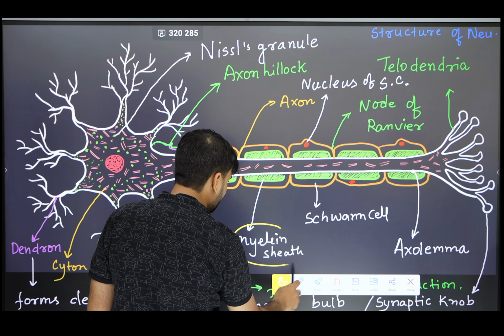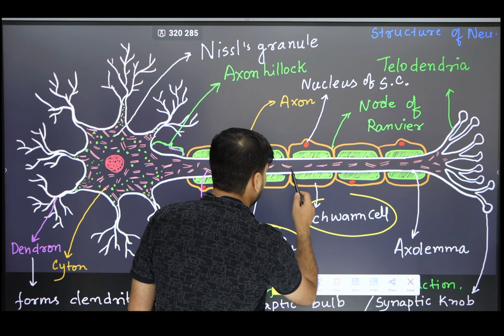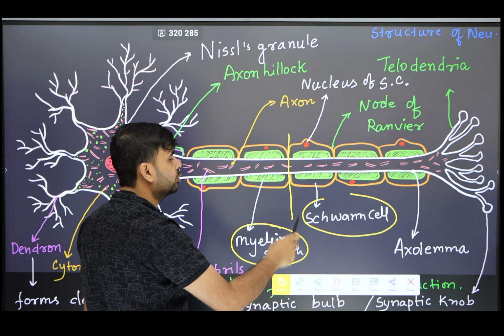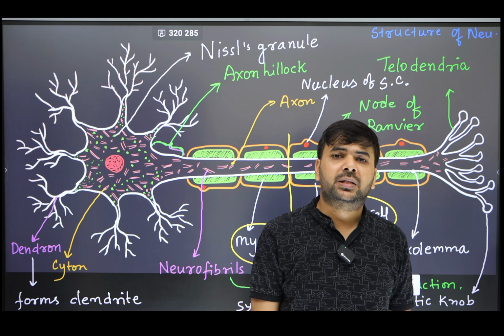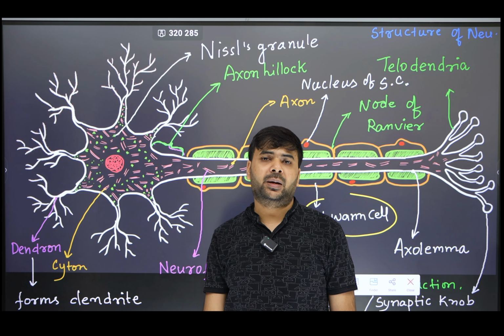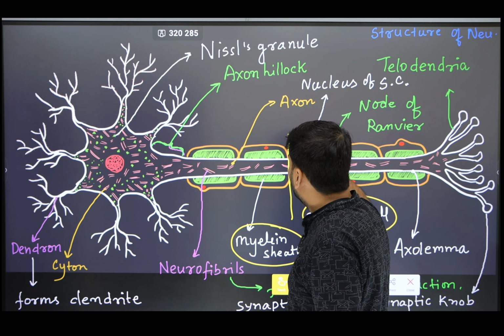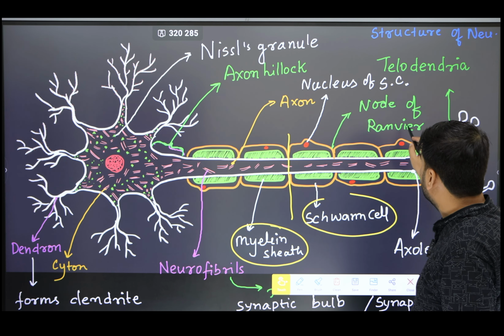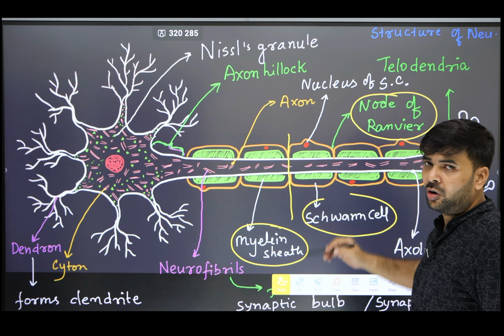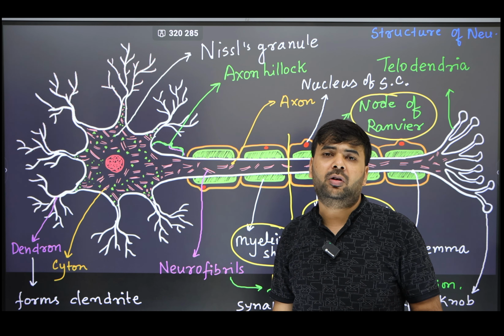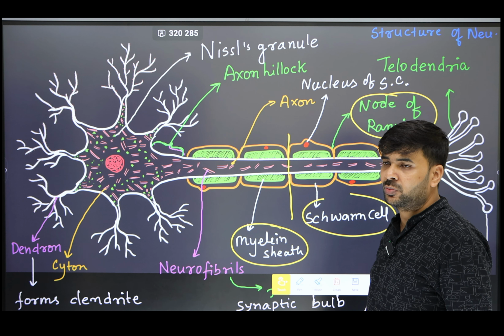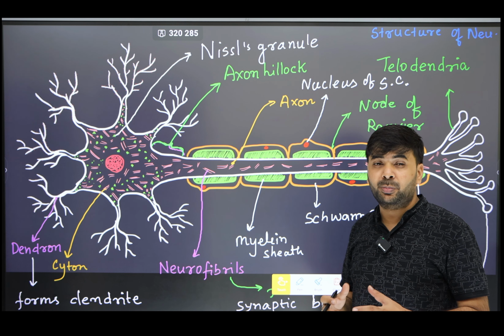So between two Schwann cells, in the myelin sheath area, there is a gap. This gap is called the node of Ranvier. The node of Ranvier is responsible for impulse jumping.